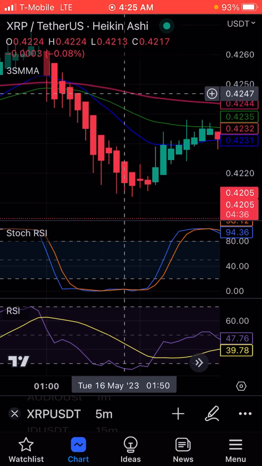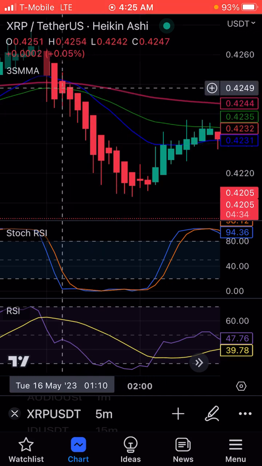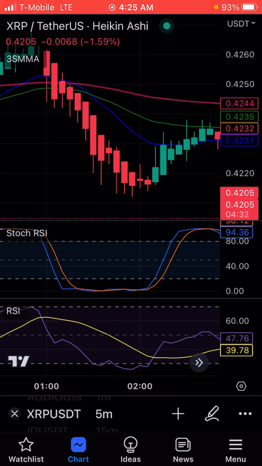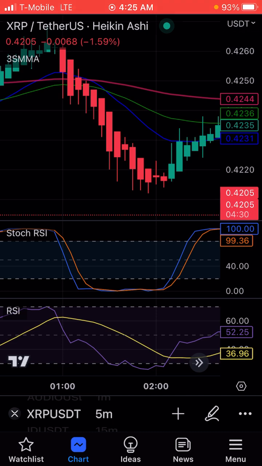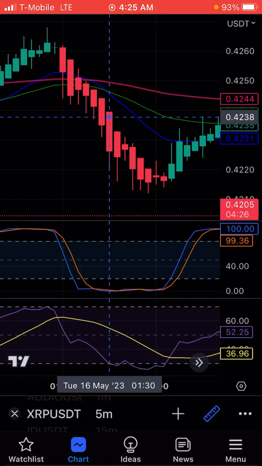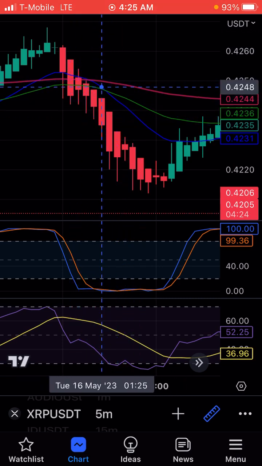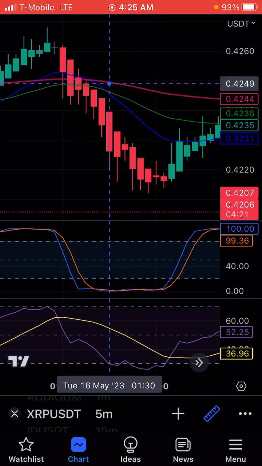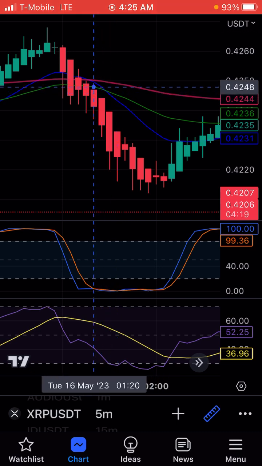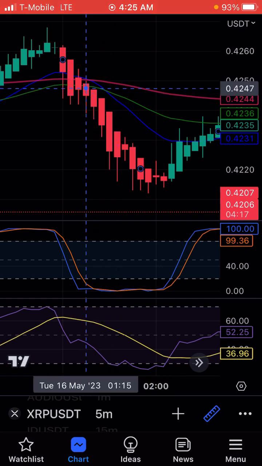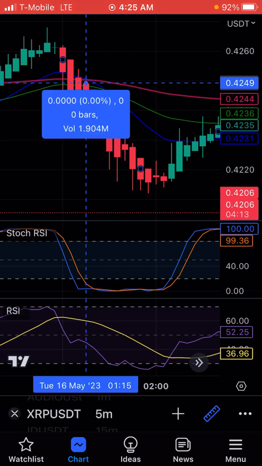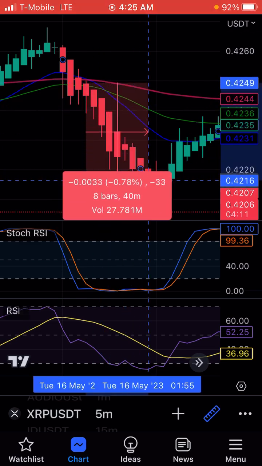What you want to look for is the cross. This is an example right here, and this is pretty much the trade I made last night to make those gains. You see the 55 is above everything, and you see it crossing right here, which was an indication for a short. If you came in here and rode it out, you would be in profit.